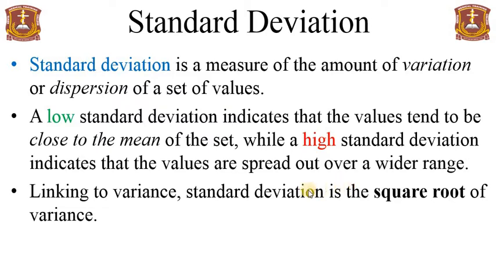Mathematically, we can link this with variance and declare that standard deviation is the square root of variance. That simply means if you know how to find variance from our previous lecture, you can take the result you obtain and find the square root, and you get standard deviation, which is a very important measure of dispersion.